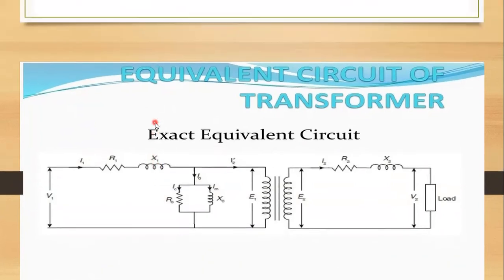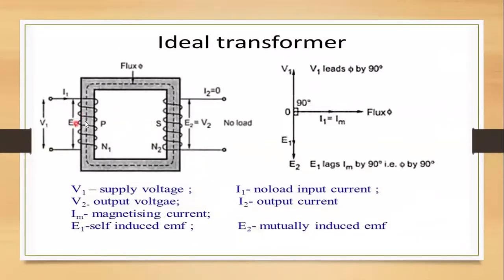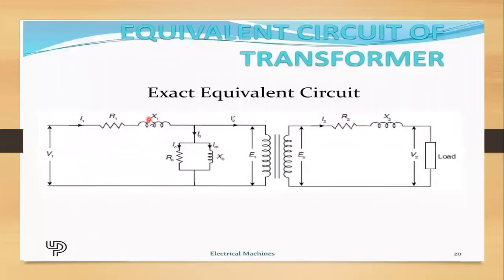In this transformer, some amount of flux developed in the primary winding is not linking with the secondary winding; it passes through the air. That flux is called leakage flux. So the leakage reactance is represented as X1, and R1 is the winding resistance of the transformer.